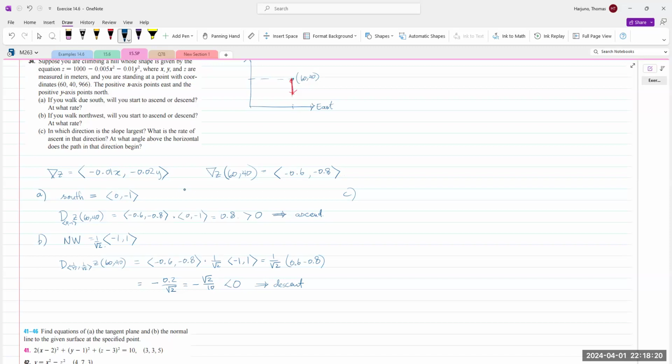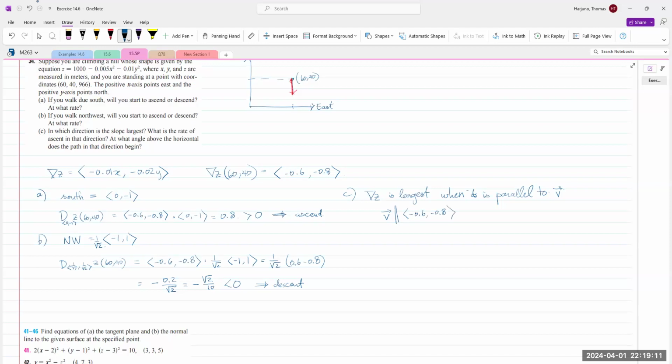Okay, so the largest slope is when the direction is parallel to the gradient vector v, in other words, v is parallel to negative 0.6, negative 0.8.